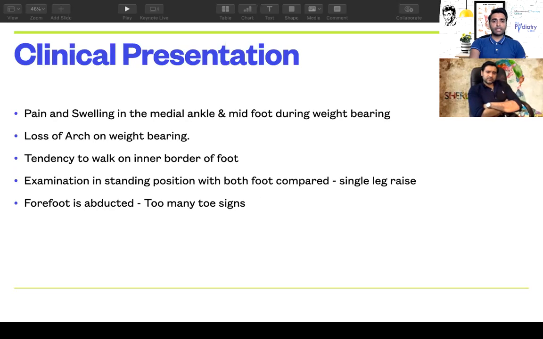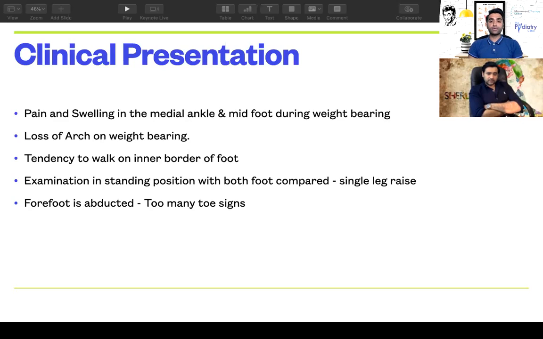So clinical examination. A lot of the time when you're seeing patients, after the clinical history, you can find the pain and swelling where the tendon is going underneath, so you can palpate that quite easily. You can see that there is often loss of arch height on standing, and a tendency to walk on the inner border of the foot, which is more in the later stages.